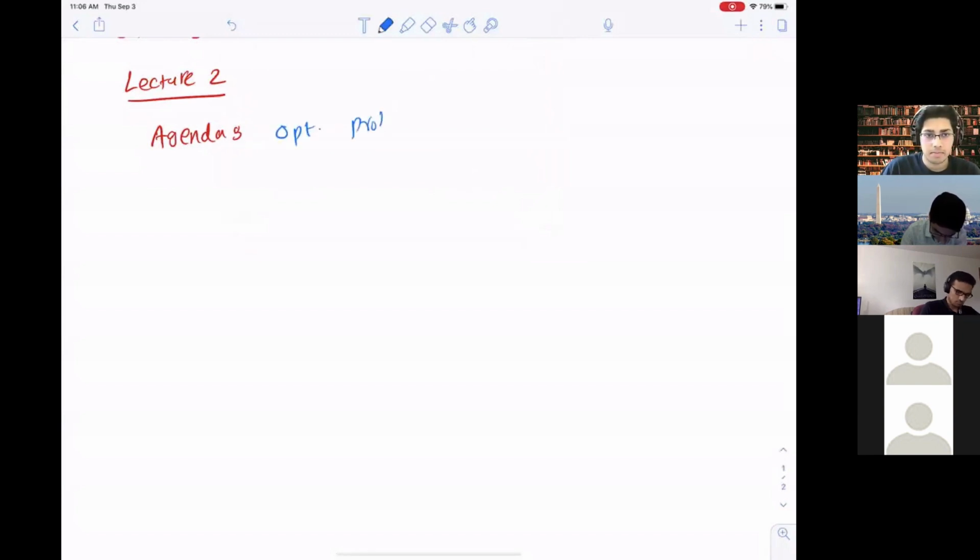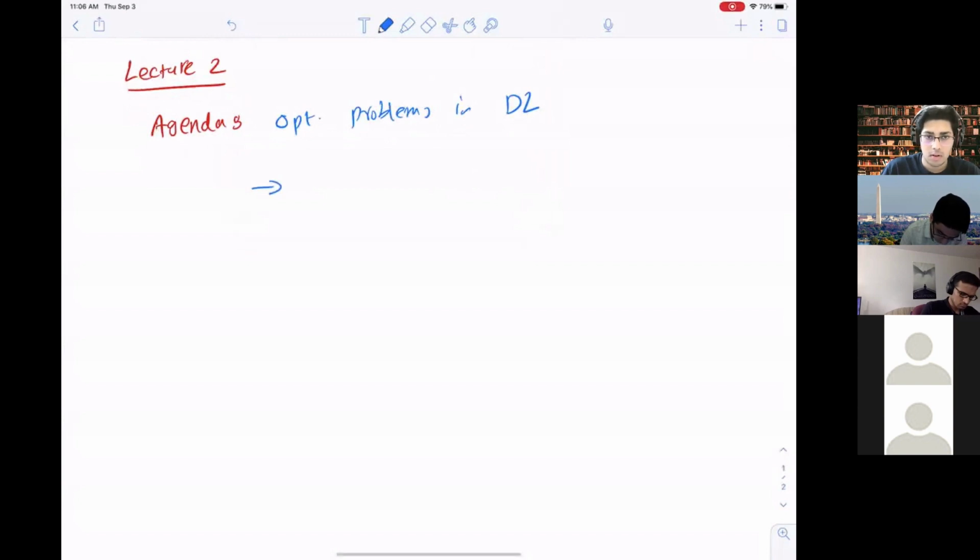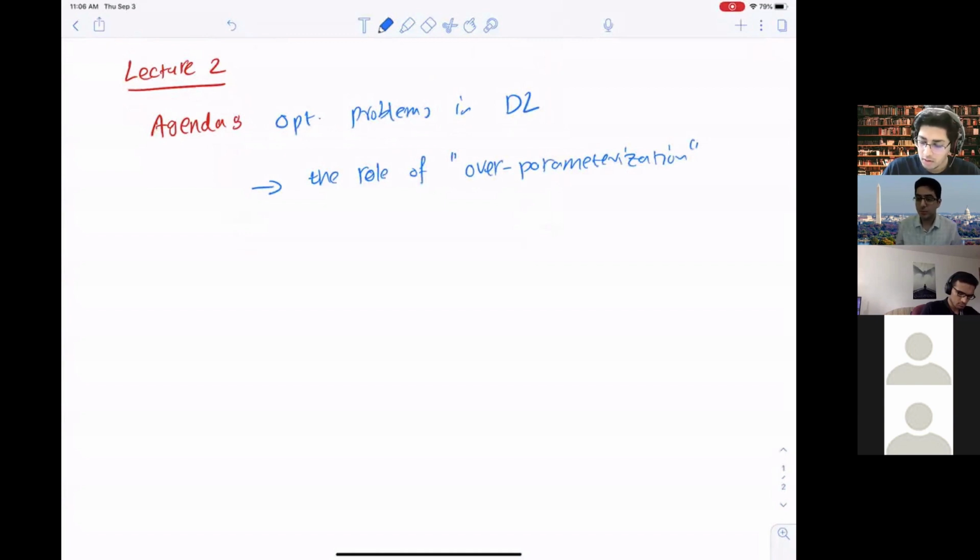Optimization problems in deep learning, and in particular, we are going to focus on the role of over-parameterization in deep learning optimization problems.